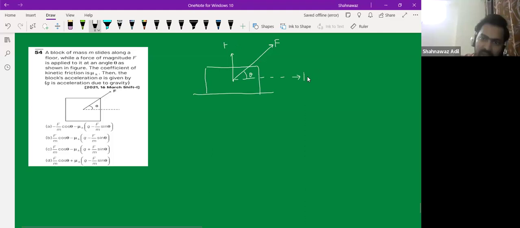Now we can write the free body diagram. Acceleration is a, which means friction would be in this direction, and we have the normal reaction upwards and mg downwards.